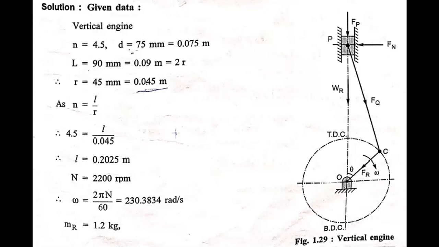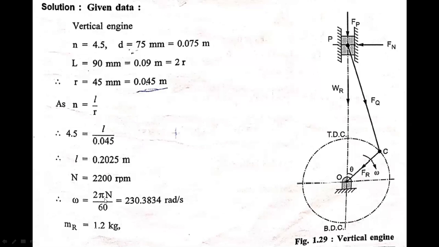We have already discussed n is equal to 4.5, d is equal to 0.07 meter, L is equal to 0.09 meter, that is equal to 2R. So R is equal to 45 mm, that is 0.045 meter. So n is equal to L by R. We get here the value of L, which is equal to 0.2025 meter.